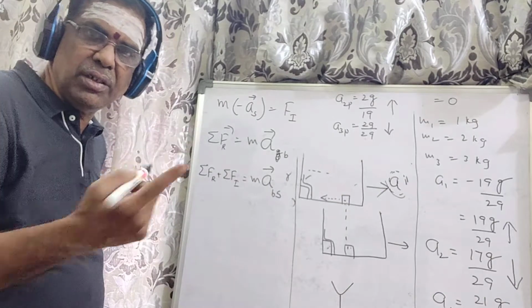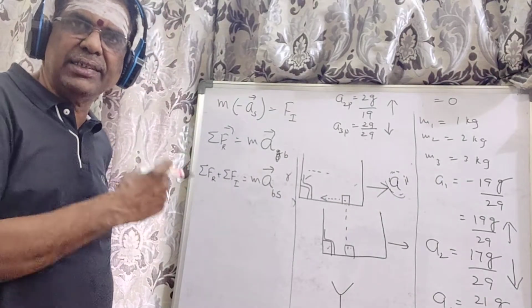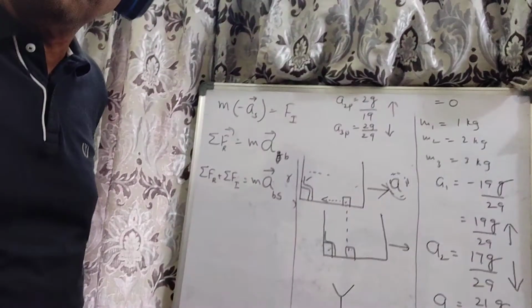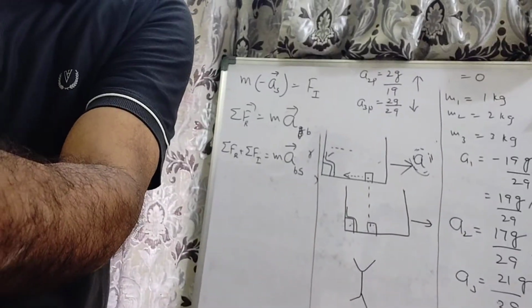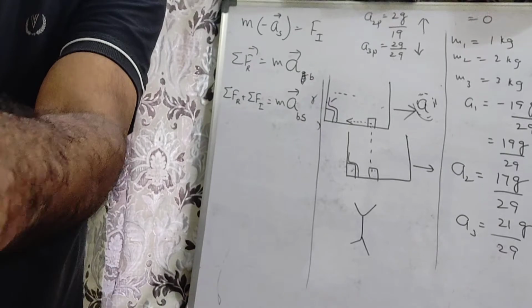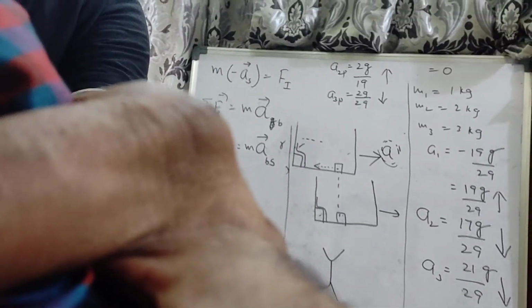Whichever system you are taking it to be accelerating, that is what I am trying to work out. Okay? Now there is a small adjustment. I am doing it. Bear with me.